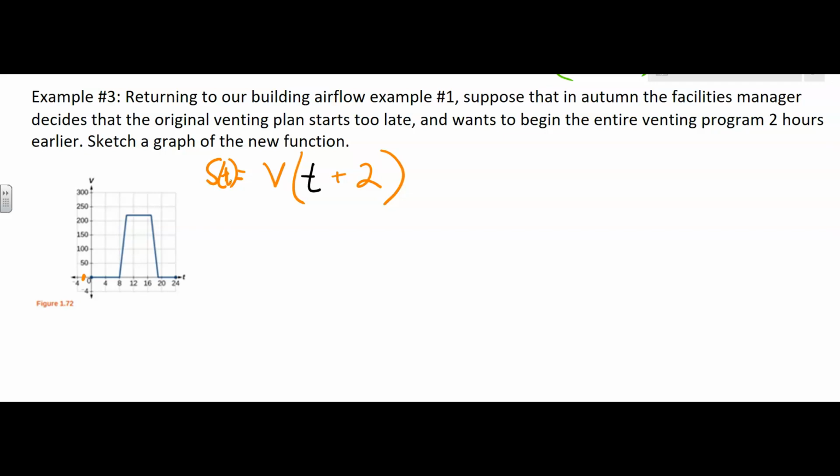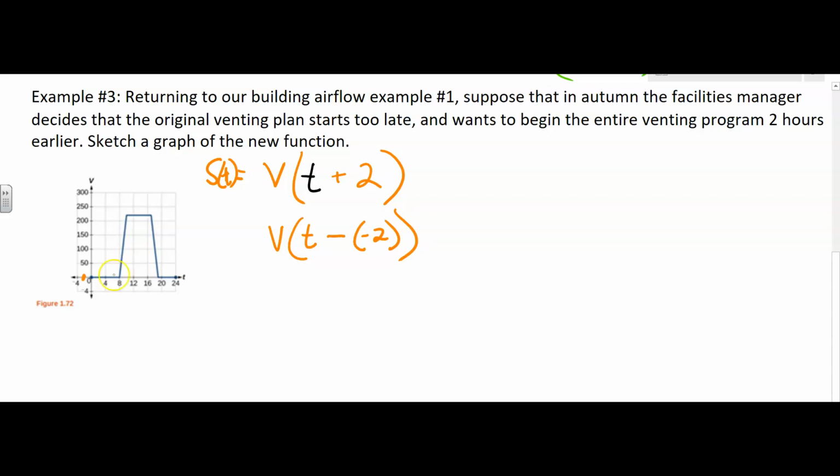So think about it this way: what happens at midnight is now happening at 2 a.m. Well, it just asks us to sketch it. It doesn't ask us to write the equation, but I thought it'd be helpful for you to see that. Think of it as v of t minus a negative 2, and that's going to shift it to the left 2 hours earlier.